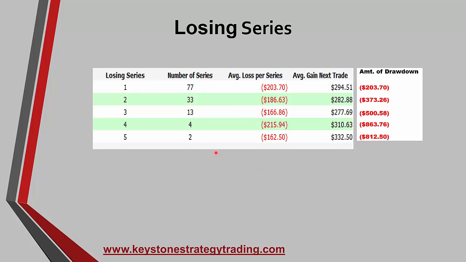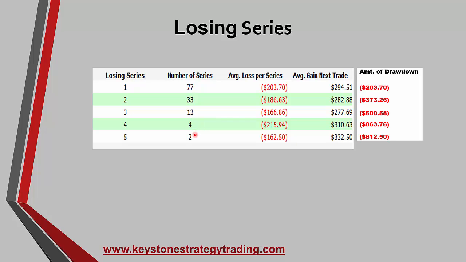So in this example, I start at the bottom, and I see that twice I had a losing series of at least 5 trades in a row that resulted in an average drawdown of $812.50. Then I start working myself up from there to see how much heat I'm taking. How many times am I getting these drawdowns and how significant are they?